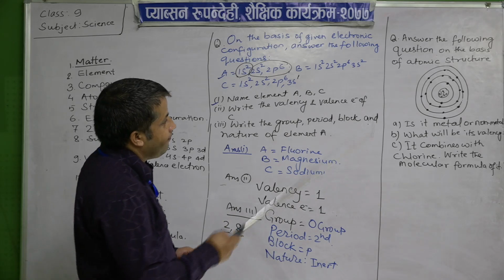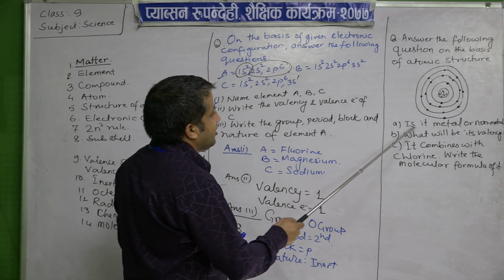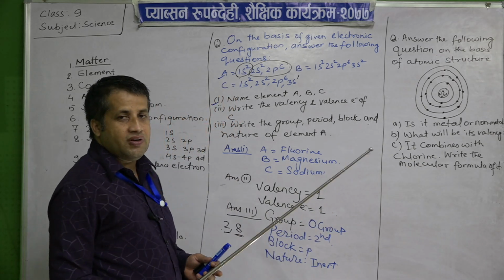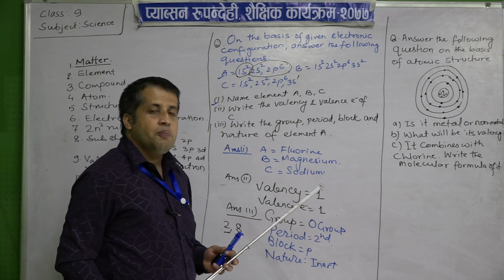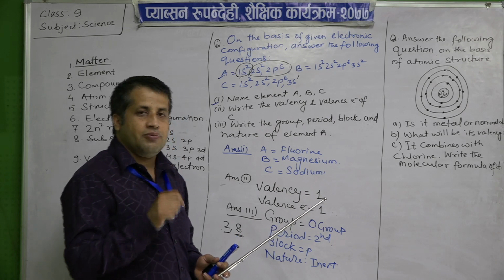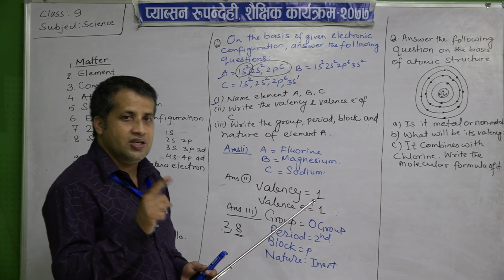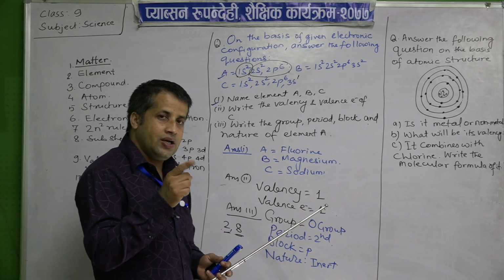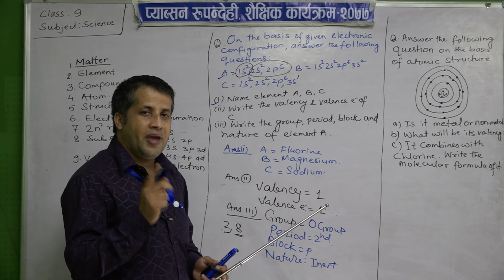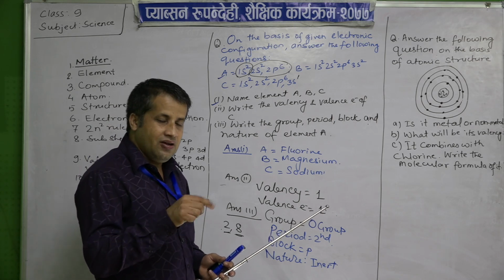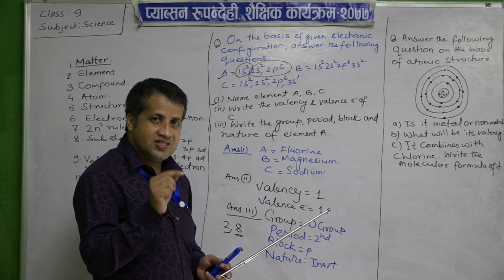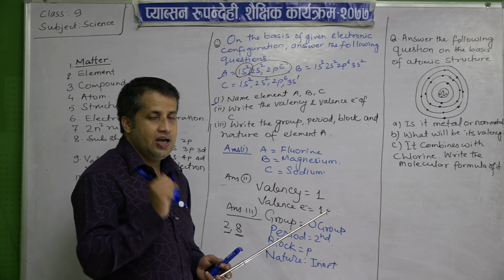So it is potassium. Now is it a metal or non-metal? You have to identify whether the given element is metal or non-metal. We have studied that those elements whose valence electron is either 1, 2 or 3 will be metals. And with 4 they are metalloids, and with 5, 6, 7 valence electrons they are non-metals.